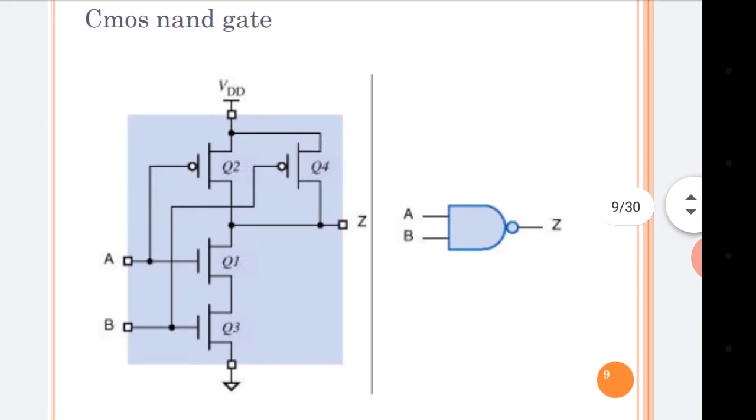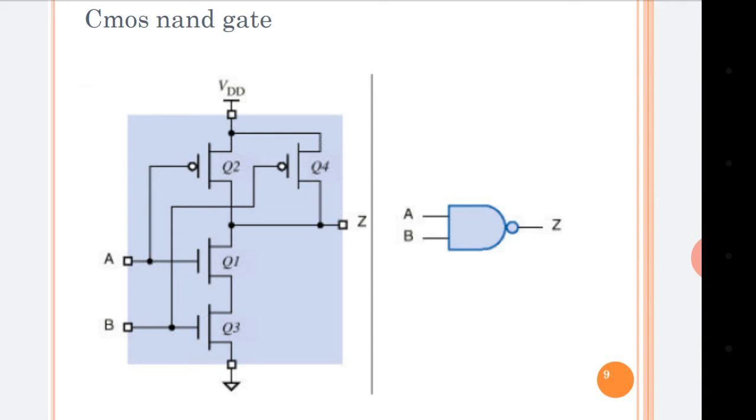Next is the CMOS NAND gate. Observe the diagram in which Q1, Q2, Q3 and Q4 are the four MOSFETs used. The top two, that is Q2 and Q4 shown in the diagram, are PMOS, and Q1 and Q3 are NMOS.